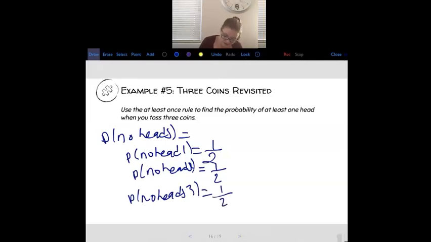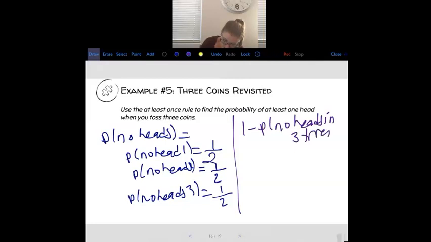Okay, so in order to calculate this, then we're taking 1 minus the probability of no heads in 3 tries, which would be 1 minus 1/2 times 1/2 times 1/2. And again, that's because those are independent events. When you're tossing a coin, the second toss doesn't depend on the first toss. Sometimes superstition would lead us to think that way, or feeling would lead us to think that way, but mathematically or theoretically, that's not guaranteed to happen.